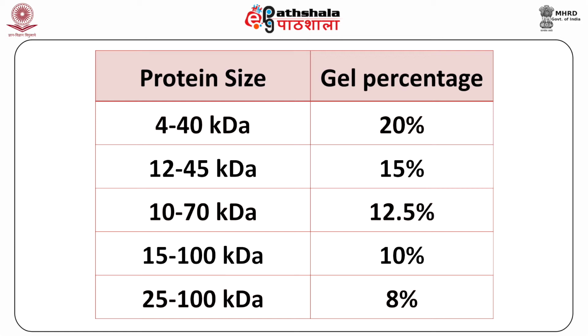For protein sizes 10 to 70 kDa, gel percentage should be 12.5%. For protein sizes 15 to 100 kDa, gel percentage should be 10%, while for protein sizes of 25 to 100 kDa, gel percentage should be 8%.